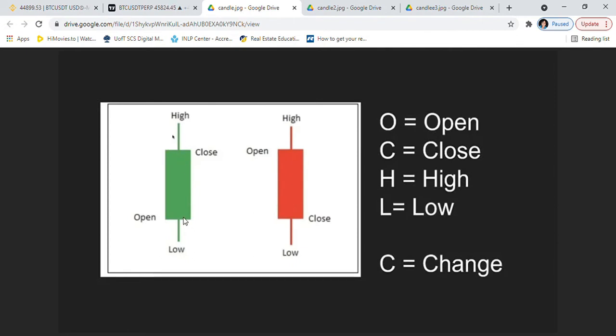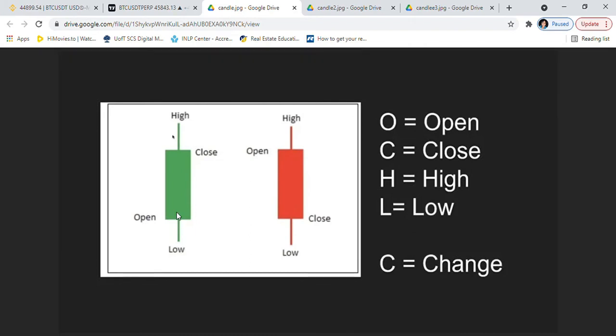Now this candle that you're looking at, when it went to that low price, it got rejected and went back up. And when it went up to the highest price that it went to, it got rejected and went down. So the wick is showing you rejection. It signifies rejections.